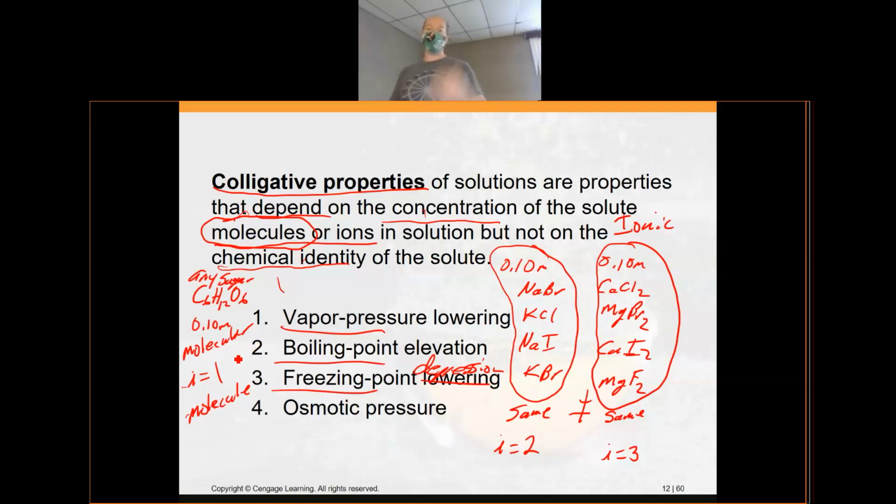You only have to do it one time. They're all the same. If your I value is 1, your concentration is the same, your answers for boiling point, freezing point, osmotic pressure, vapor pressure lowering, they will all be the same. It doesn't matter what the identity is. It matters what the concentration is and how many ions you have in solution.